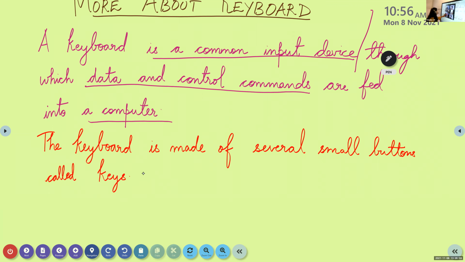Okay. So we have learned the definition as well as a point about the keys. Are these two points clear for you?